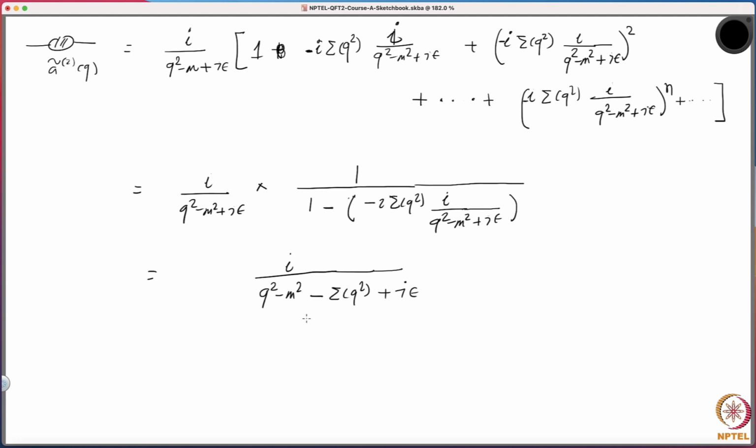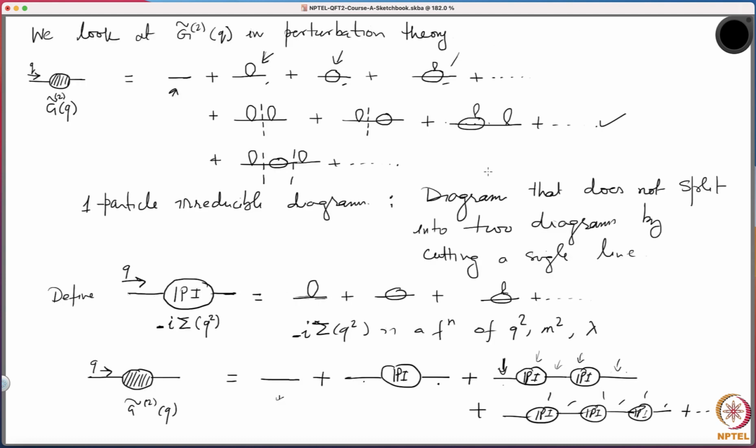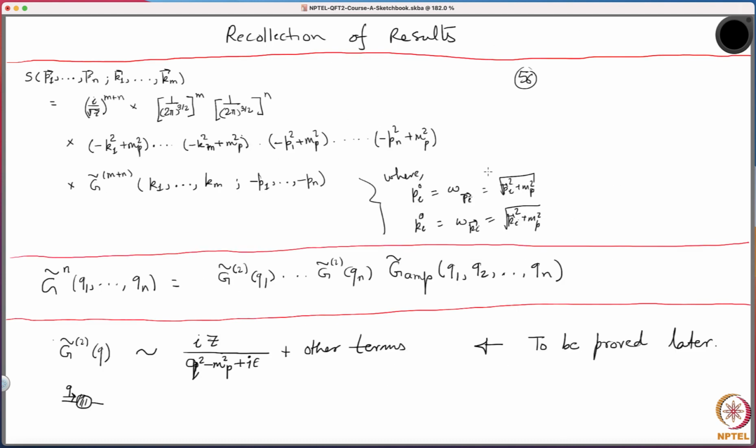Okay, so that's the structure of G tilde 2 of Q. Now we were told that there is a pole in this propagator, in this 2-point function.